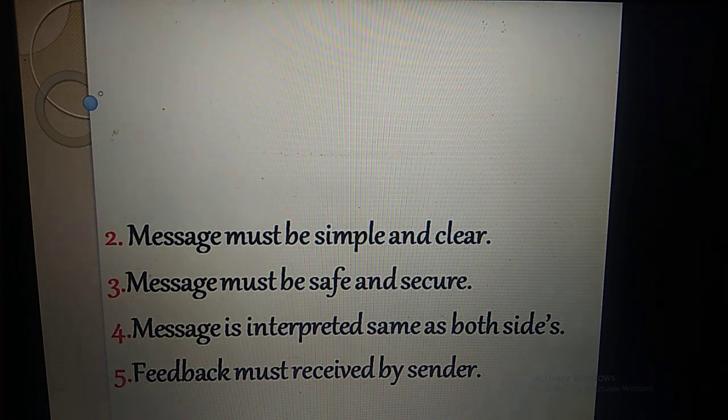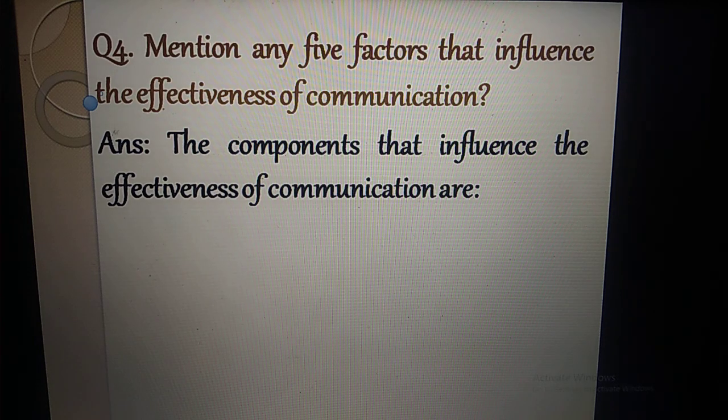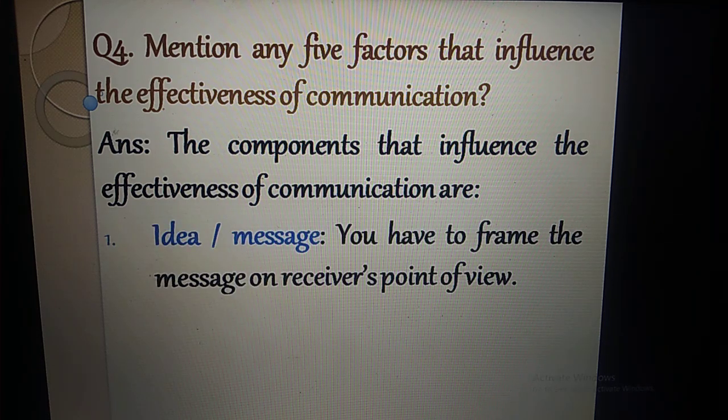Next, mention any 5 factors that influence the effectiveness of communication. So you just write the 5 factors which influence the effectiveness of communication. Okay, so the components that influence the effectiveness of communication are, first is idea or message. You have to frame the message from the receiver's point of view.